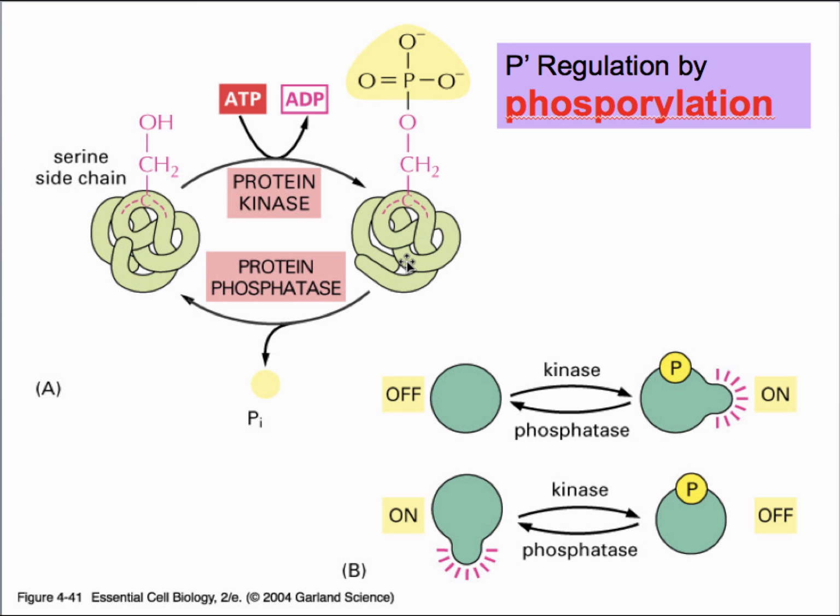The reversing process is to remove the phosphate from that particular serine and restore the protein back to its original state. We can classify proteins into two groups: those which are phosphorylated by the kinase and they are turned on as a result, and another class which are turned off by the phosphorylation event.